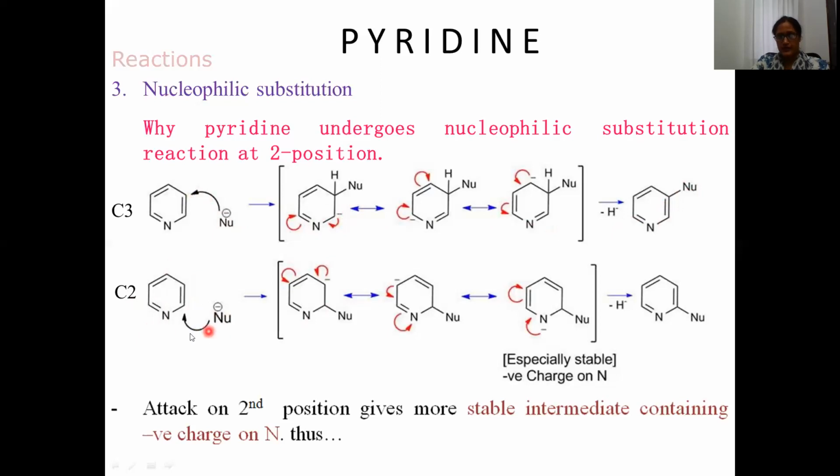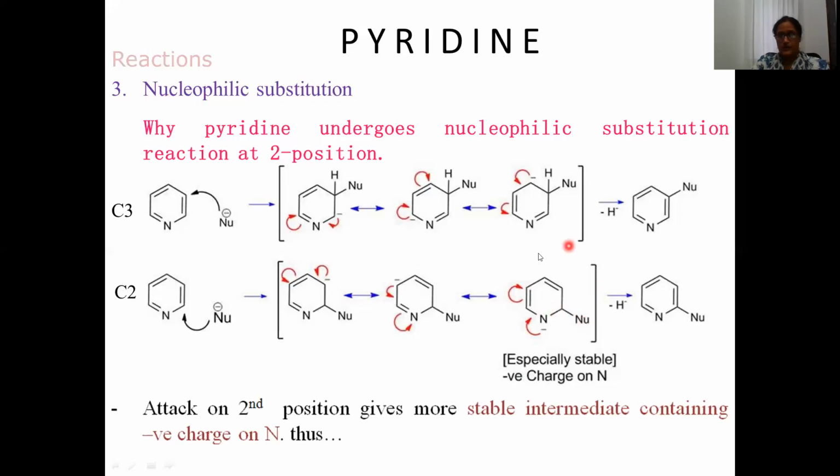And at the second position, when the second position is attacked, there is the possibility of resonance structures, and especially in the C2 nucleophilic attack, we get one intermediate structure in which the nitrogen has the negative charge, which is more stable for nucleophilic substitution.